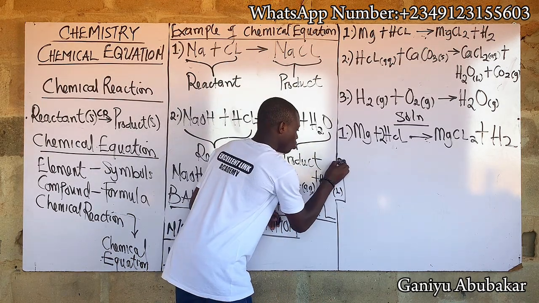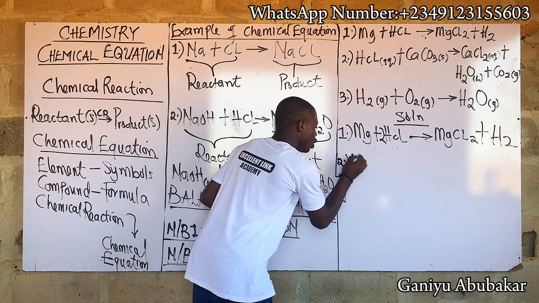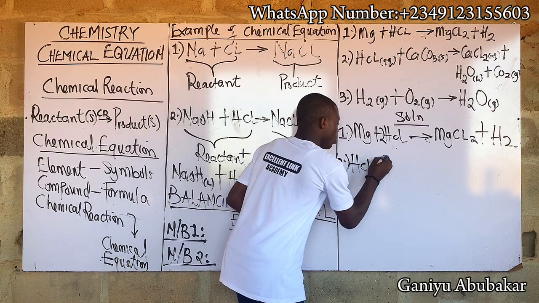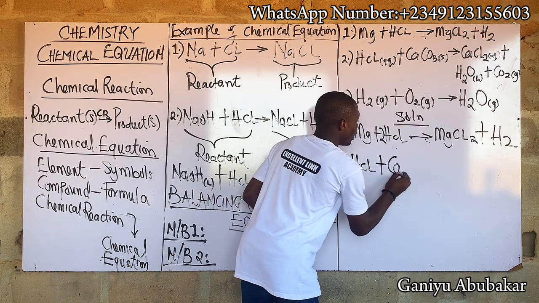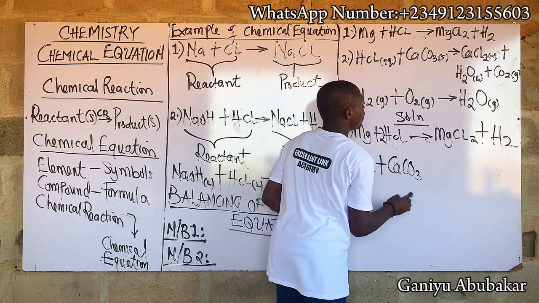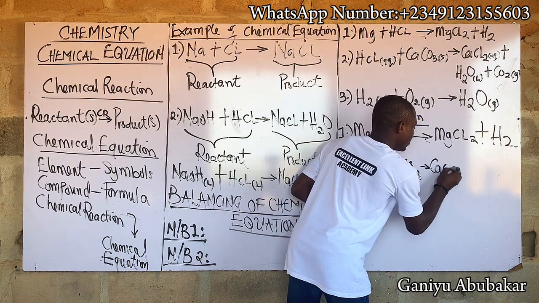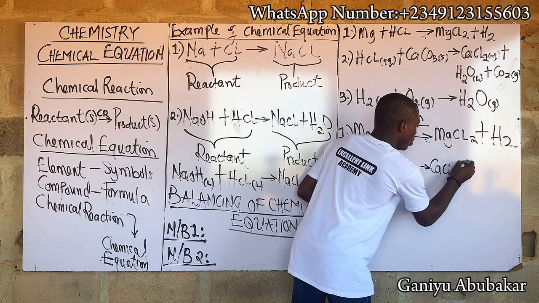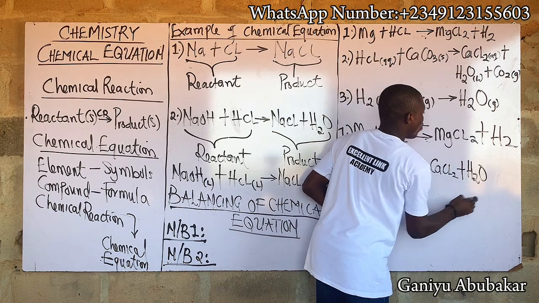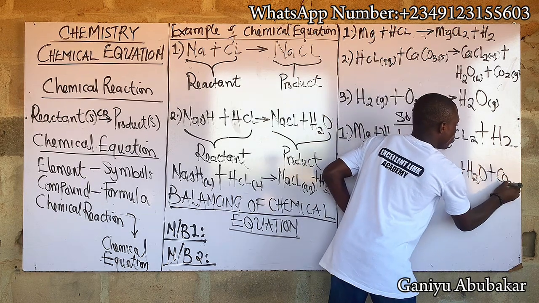Let's do number 2. For number 2 there, I have HCl combined with CaCO3 to give CaCl2 plus H2O plus CO2.